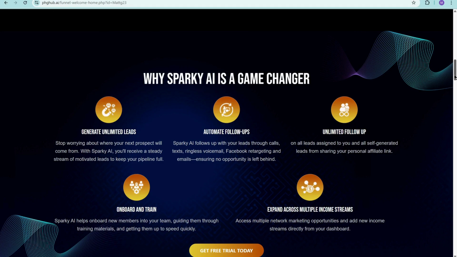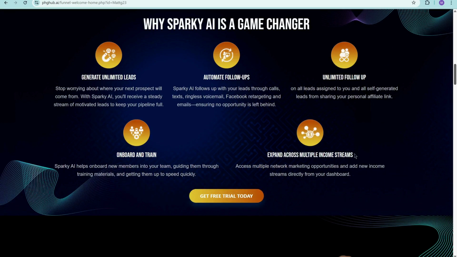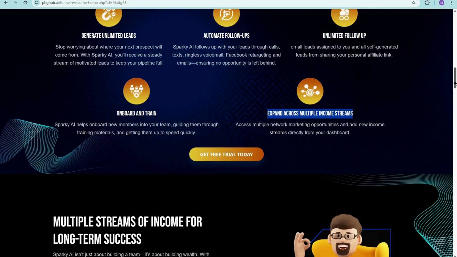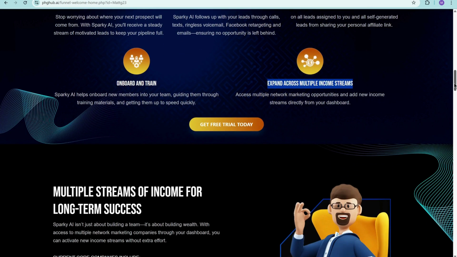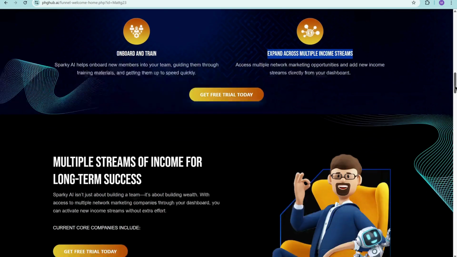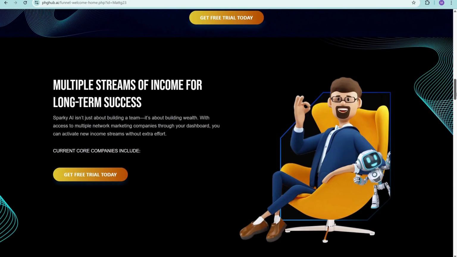What next? Well, that's where the Sparky AI system is so powerful, because you've got these multiple income streams here, right? We've got 3 at the moment that are built in. You can add 2 of your own, and we've got the Sparky AI system as well. So that's 6. We're adding another 3 by the 14th of April. That is 9 income streams that you can earn from.